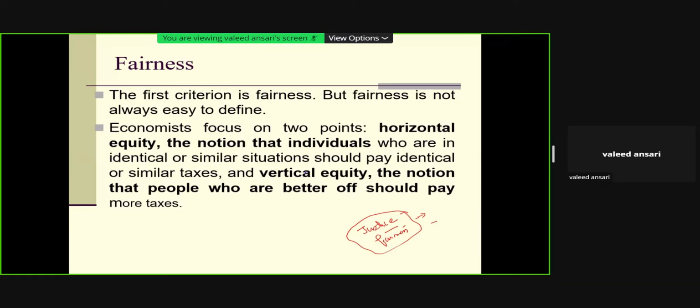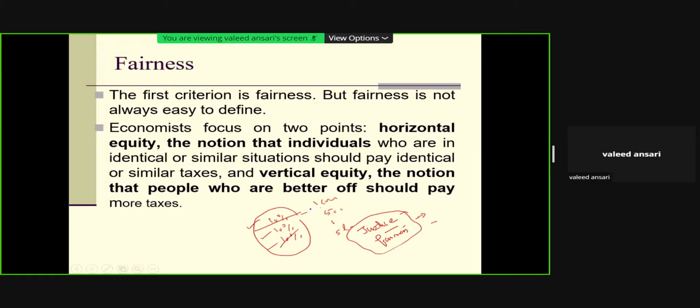If any system, for example, says a flat 10% across all income levels, whether your income is 1 crore, 50 crore, or 5 lakh, and all of you pay 10%, this is not fair, because those who have 1 crore have much higher ability to pay.